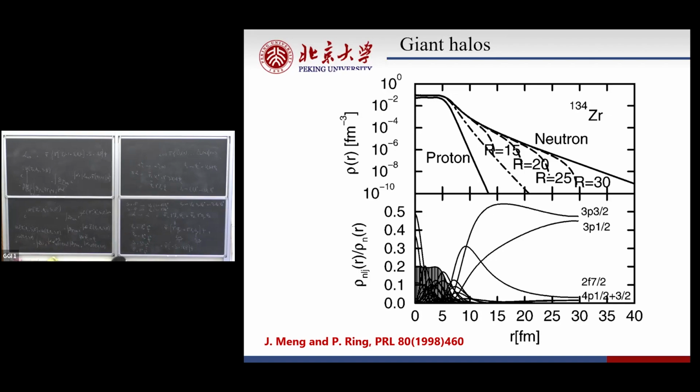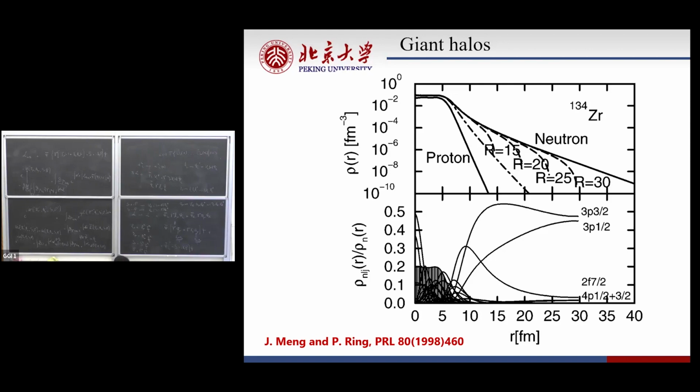If we extend the size of the box from 15 fm to 30 fm, gradually you could see we can describe well the extended spatial distribution of the neutron densities. You will find this density extends very far compared with the protons, because in this nucleus we have only 40 protons, but we have 94 neutrons. These 94 neutrons you will see extend very far.